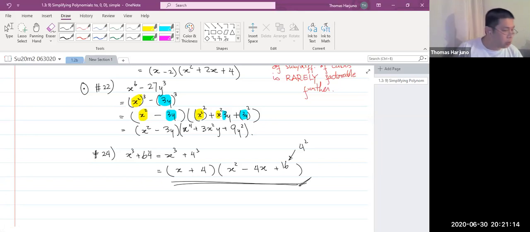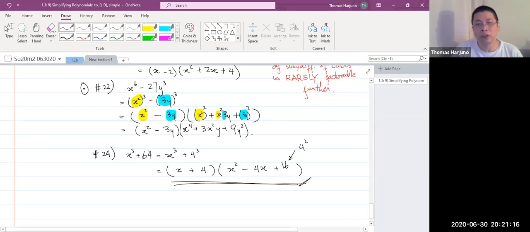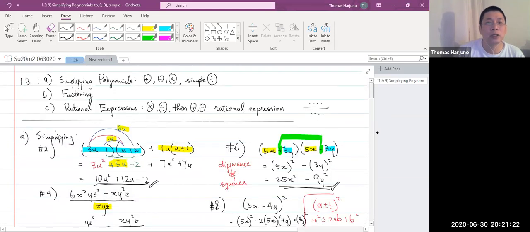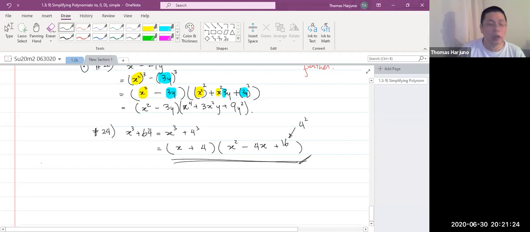Now let's go on in simplifying rational expression. So the third part of this section here is multiplying. I don't think I can finish this though in 40 minutes, but let's do most of it.